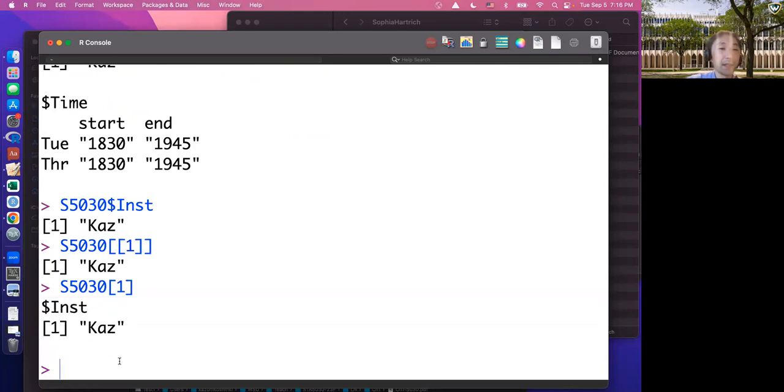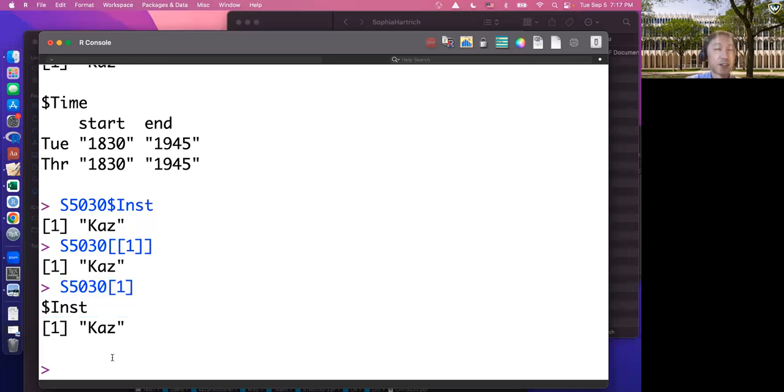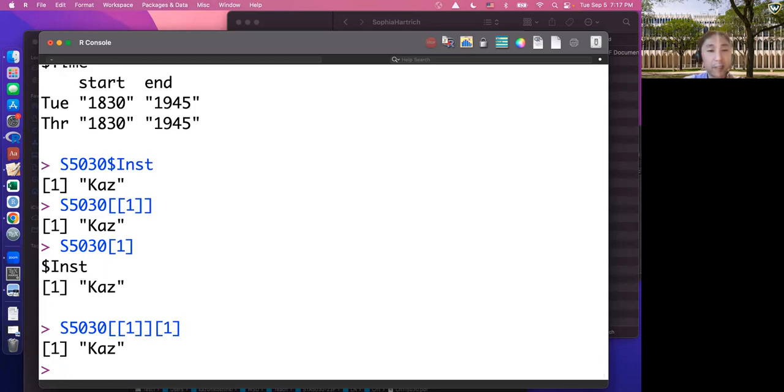So this is just one sequence of characters, but this is a list of one sequence of characters. So for example, S5030 double bracket 1 is already one sequence of characters or just a vector of one element. So you can, for example, extract the first element of this vector.